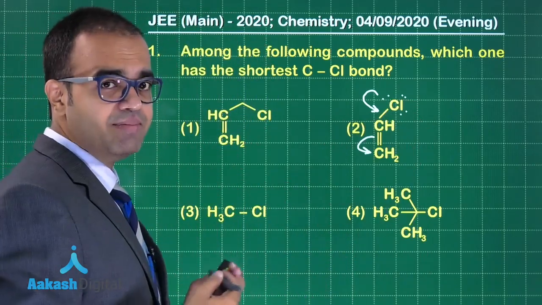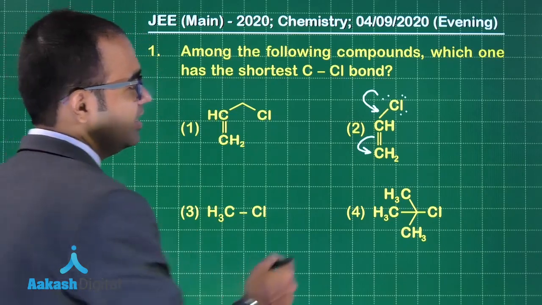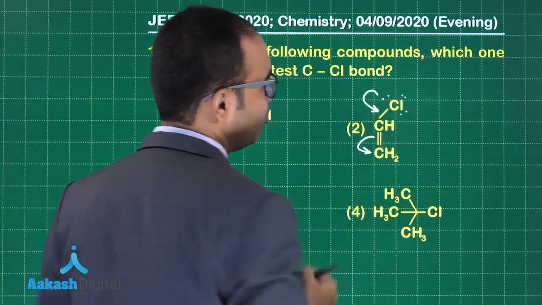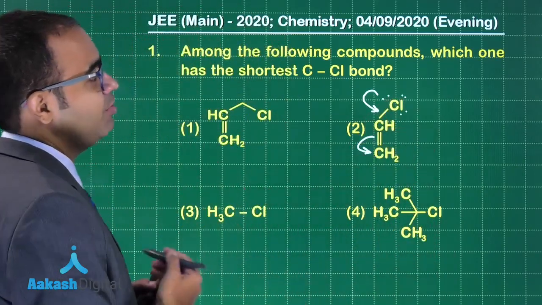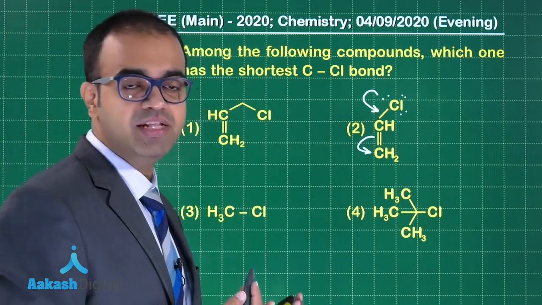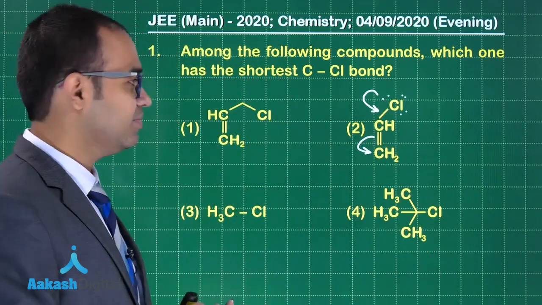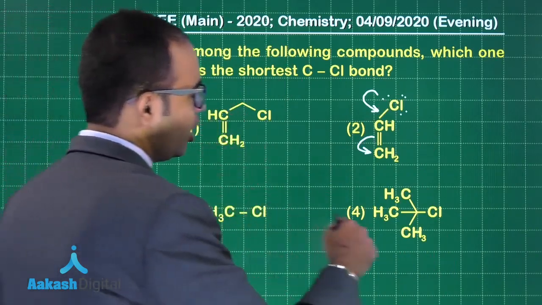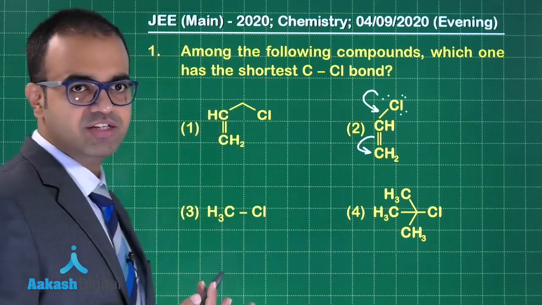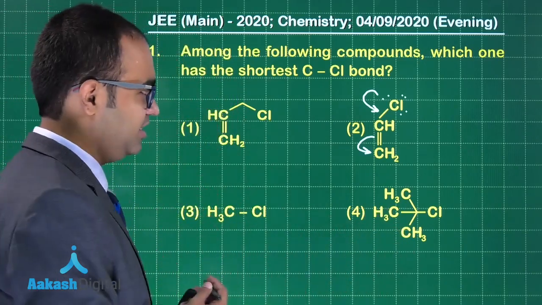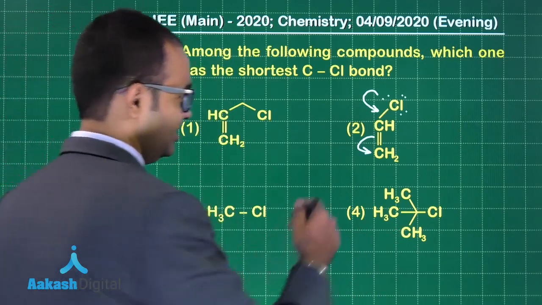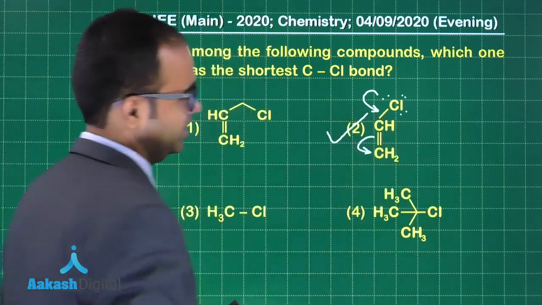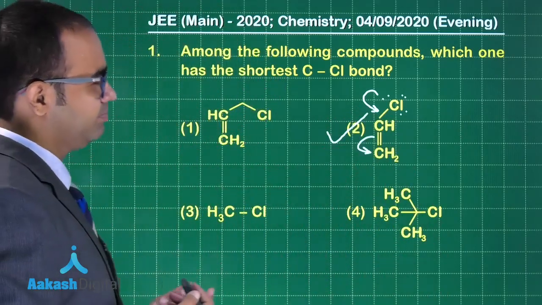And if it has double bond character, then the length of the sigma bond will decrease, and obviously that will be the shortest bond distance. In the rest of the options, there is no possibility of resonance. That's why our answer is option 2, guys. It was an easy question.